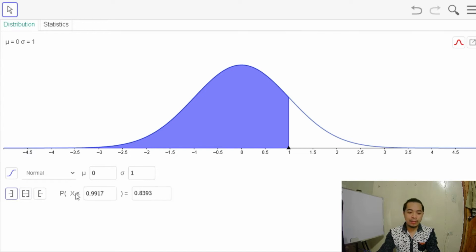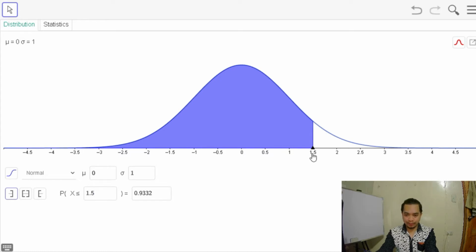Say the probability that x is, notice I click this button here, x is less than, say, I want it to be 1.5. So what is the probability of getting that? It will give us a probability value of 0.9332. So that is the area under the curve to the left of 1.5.